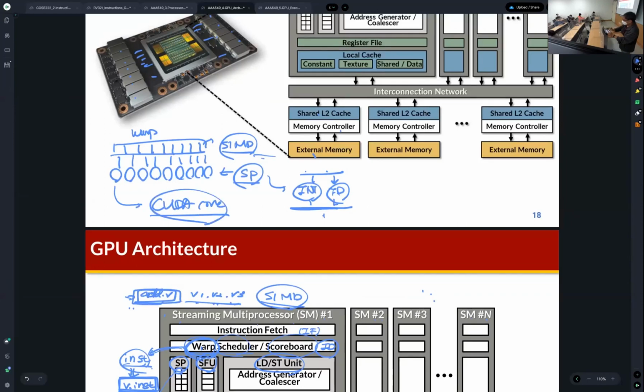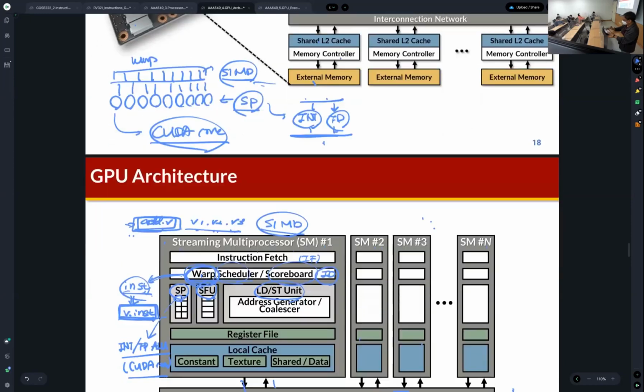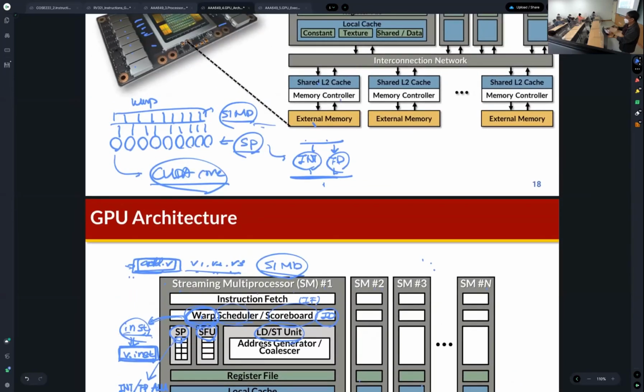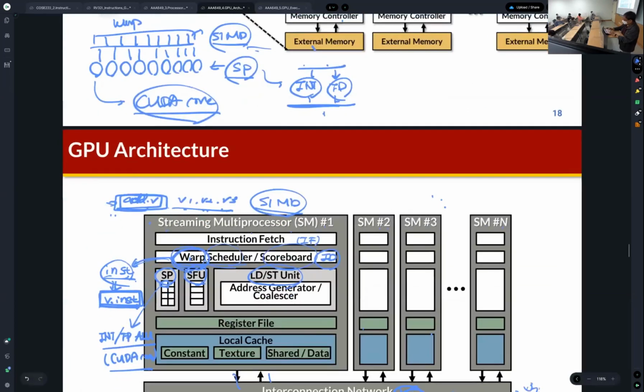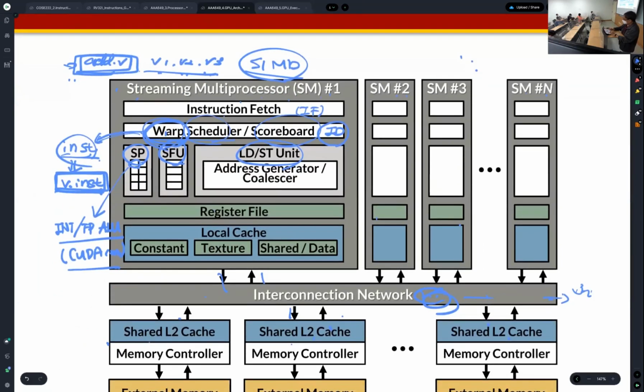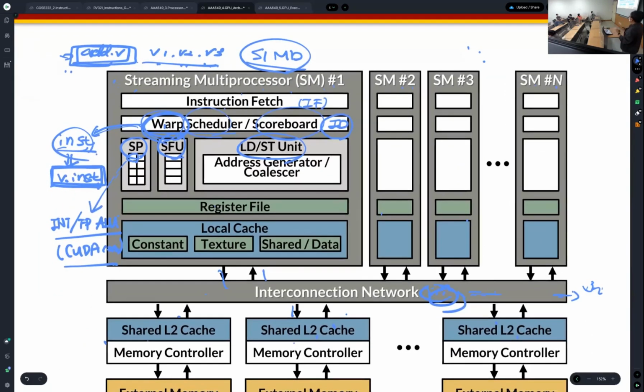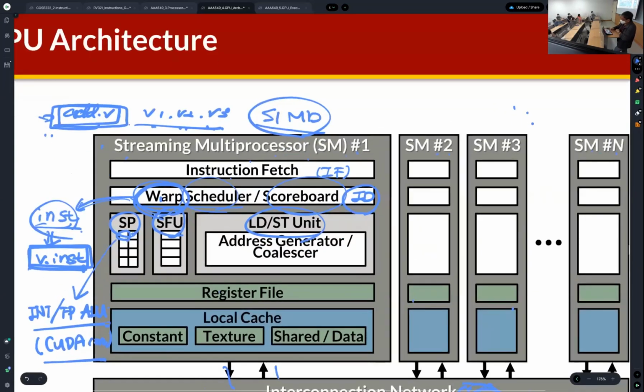The number of cores means that NVIDIA counts the entire CUDA cores. Then they advertise that our GPU has thousands of cores. And the SFU is the special function unit.